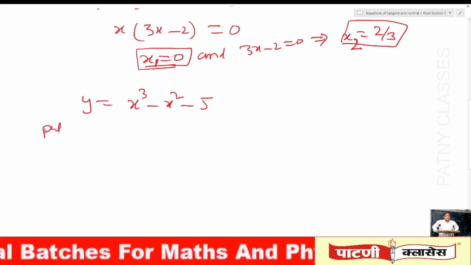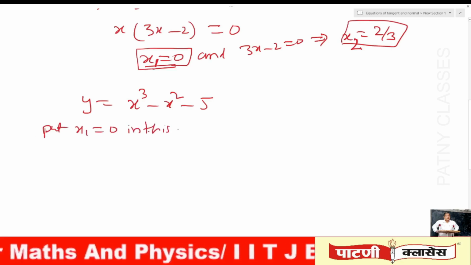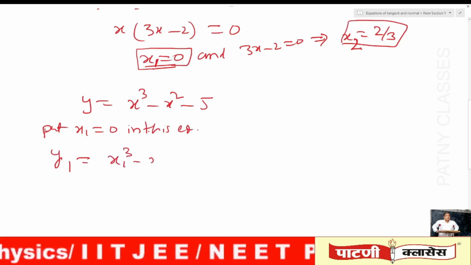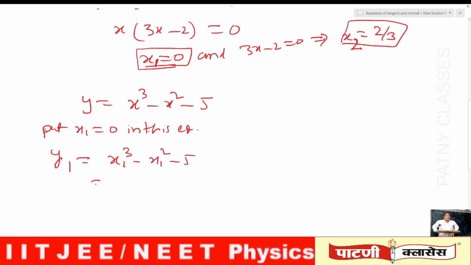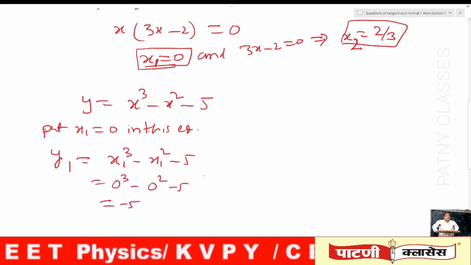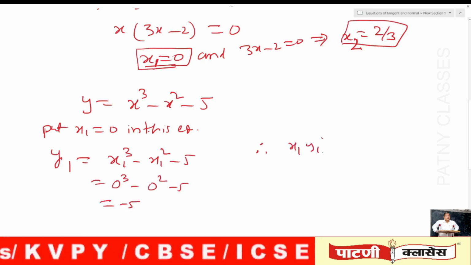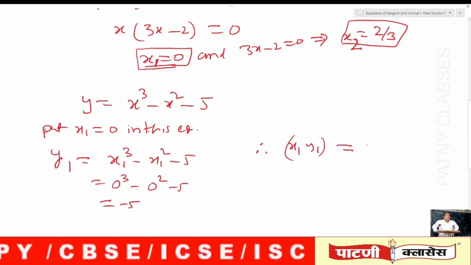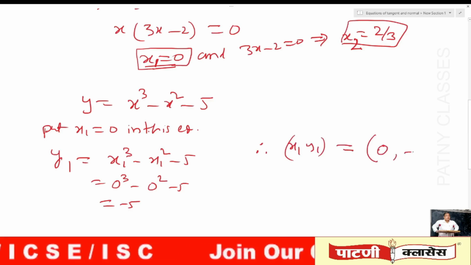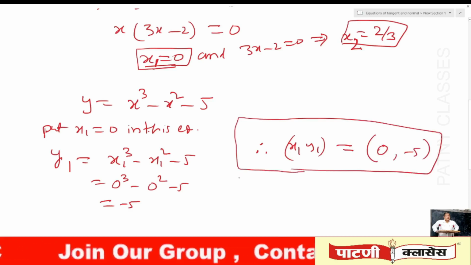Now put x1 equals 0 in this equation. So y1 is x1 cube minus x1 square minus 5, that is 0 cube minus 0 square minus 5, equals minus 5. Therefore x1, y1: the x1 value is 0 and the y1 value is minus 5. So this is the first point of contact we have got here.